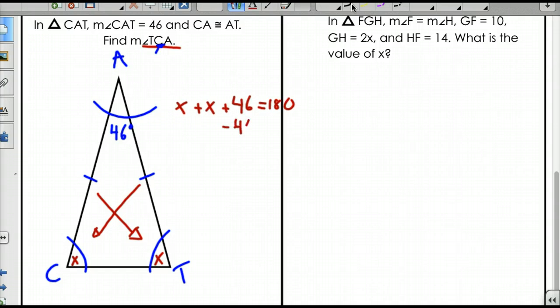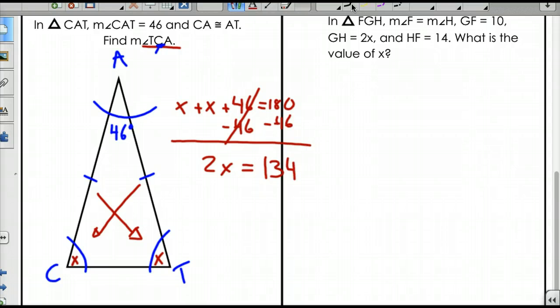Subtract 46 from both sides. All right, and we get 2x is equal to 134. Divide by 2, and we get x is equal to 67. Yes.